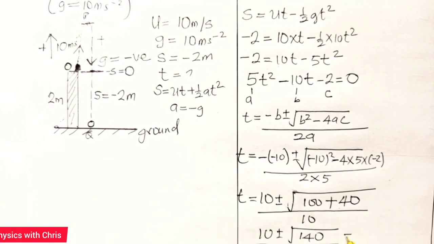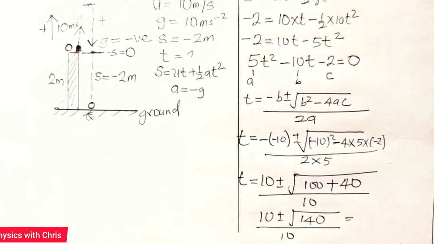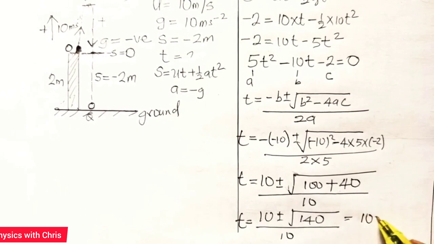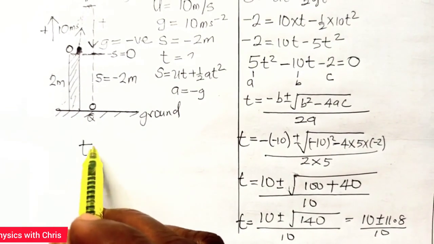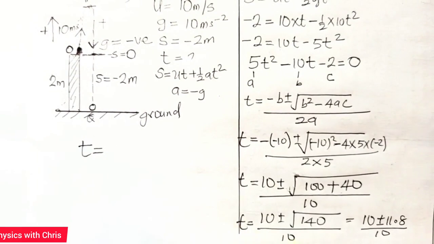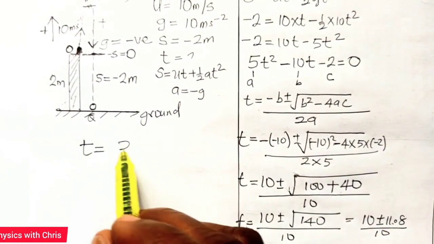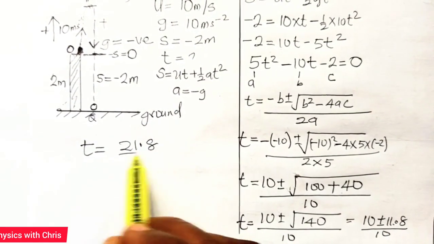And then by the time I find the square root of 140, it gives me 11.8. That is 10 plus or minus 11.8 divided by 10. Time cannot be negative, so I'm going to take the positive and have my time as 10 plus 11.8 gives me 21.8 divided by 10.